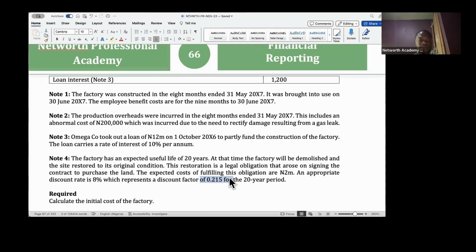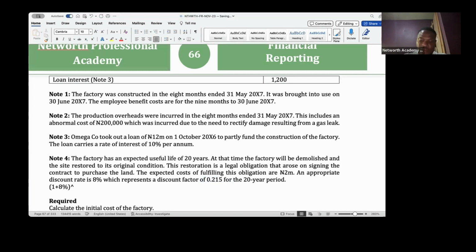But let's say it's still an amateur that still goes ahead and sets the question, and they don't give us this discount factor. How do we get it? So you would probably be using PV equals future value multiplied by 1 plus r raised to power minus n. So the way you get this 0.215, you would probably be looking at something like 1 plus r, which is 8%, raised to power minus n.